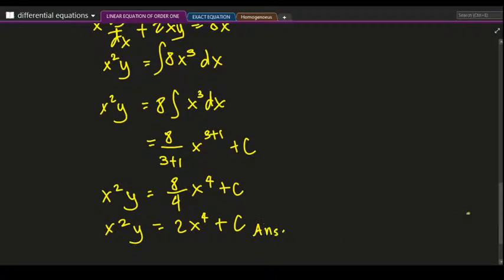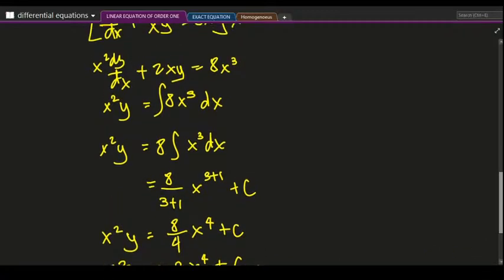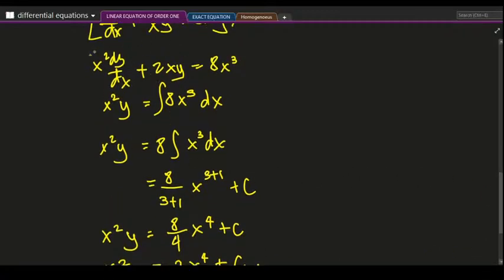Okay, so of course you could do the exact equation method in this part alone, because the exact equation part, after multiplying both sides of the equation with the integrating factor, is this one.